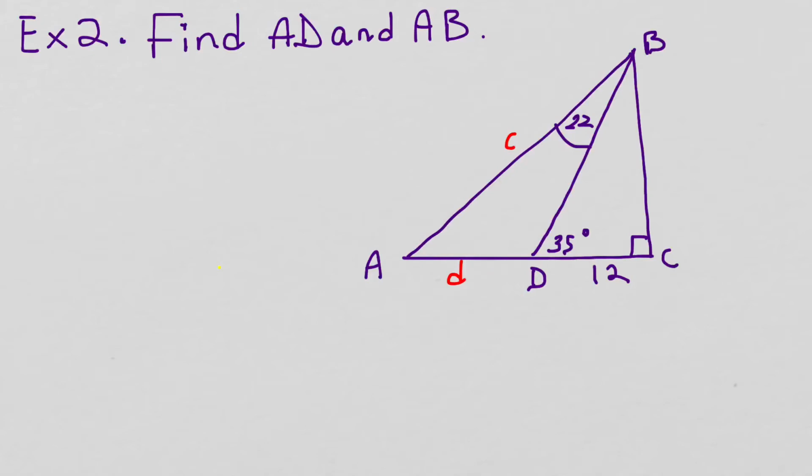Somehow I've got to work my 12 through this triangle setup and figure out what this is and what this is. The way I like to think about it is there's got to be a connector piece to connect the triangle here, which contains the only side dimension I've got, to the triangle over here, which has these values c and d that I'm trying to solve for.